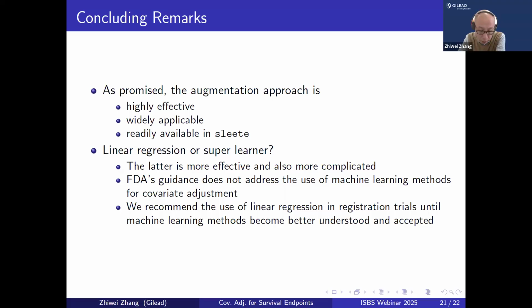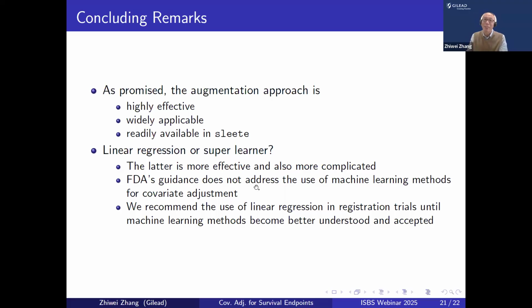Based on theoretical and simulation results, I think the superlearner-based estimator is generally more efficient and provides valid inference. On the other hand, it's also a bit more complicated and requires some familiarity with machine learning algorithms. The additional complexity may have hampered the use of machine learning methods for covariate adjustment.